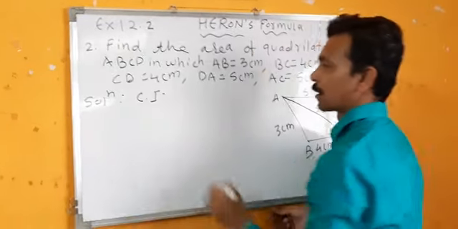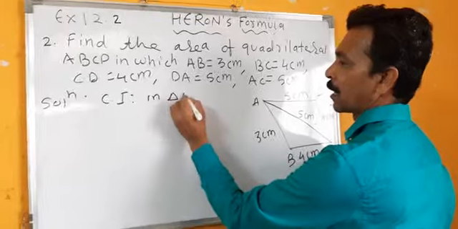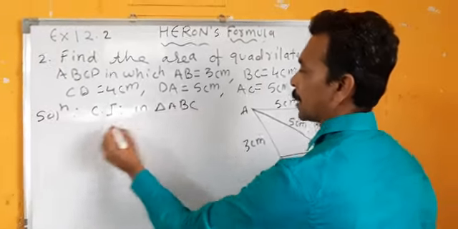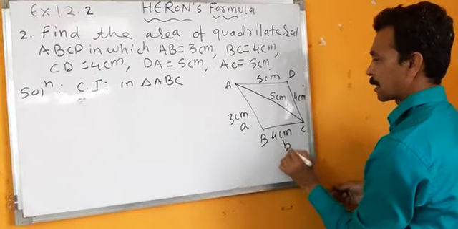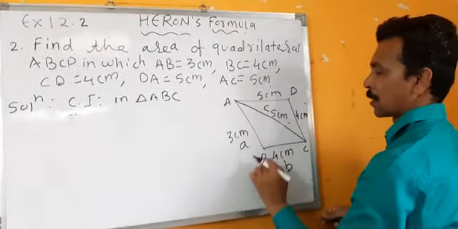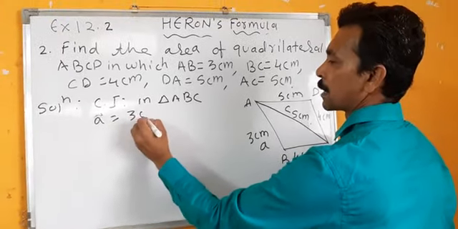Case 1, we'll take triangle ABC. In triangle ABC, I'll take this as small a, this as small b, and this as small c. Small a is equal to 3 cm.